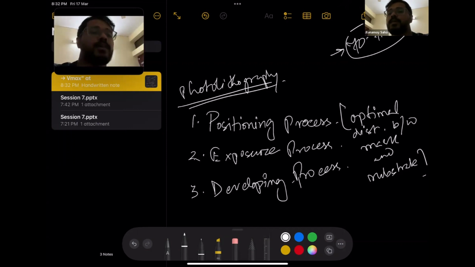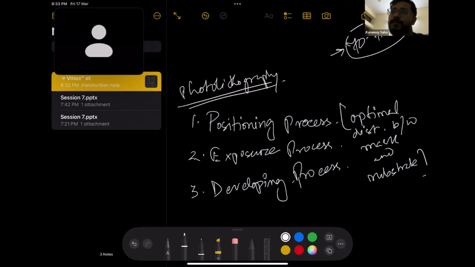Okay, and then you have your exposure process in which your resist layer is exposed to an optical or X-ray exposure scheme, through which you transfer the patterns to your resist layer by changing the properties of the exposed areas. Fine.